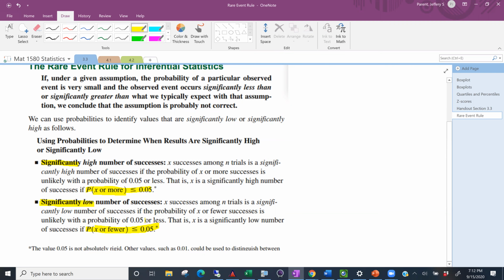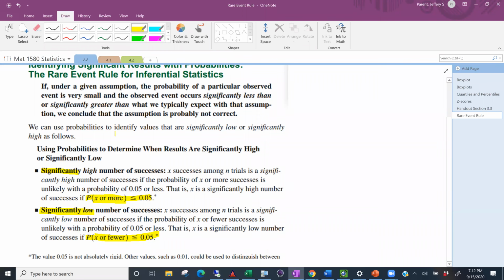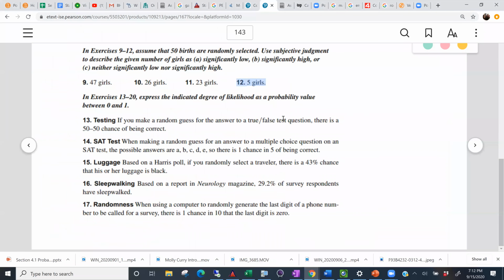So that's what we're going to rely on a lot. And it's also going to refer back to something called the rare event rule for inferential statistics. Basically what it's saying is that there's two possibilities. Let me go back to the example that we're looking at in the text. The probability of getting 5 or fewer girls, assuming that each baby has a 50% chance of being a girl, that probability is really, really small.